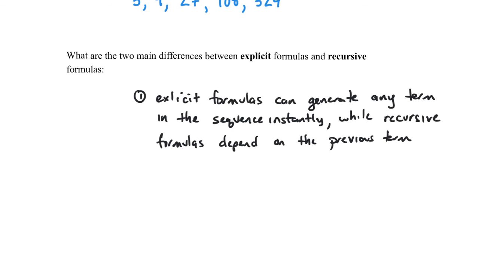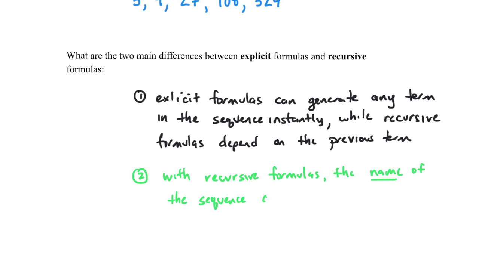And then the second thing I want to write down is more literal. I want you to pay attention that with recursive formulas, the name of the sequence, like A or F, appears on both sides of the formula.